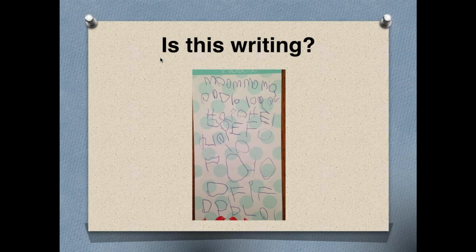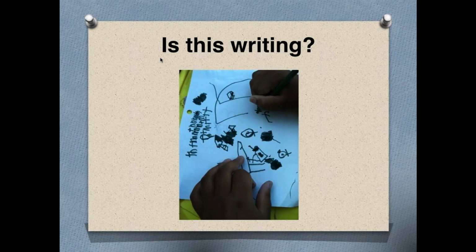She knows that specific letters convey specific important ideas, and it's not surprising that her own name and her mom's name are the only two recognizable words that come across. When I asked her what she wrote, she said that she knows how to write, but she can't read yet. So really interesting. She knows what writing looks like. She couldn't tell me what she had written. But this is exactly the kind of exploration that leads to writing over time.